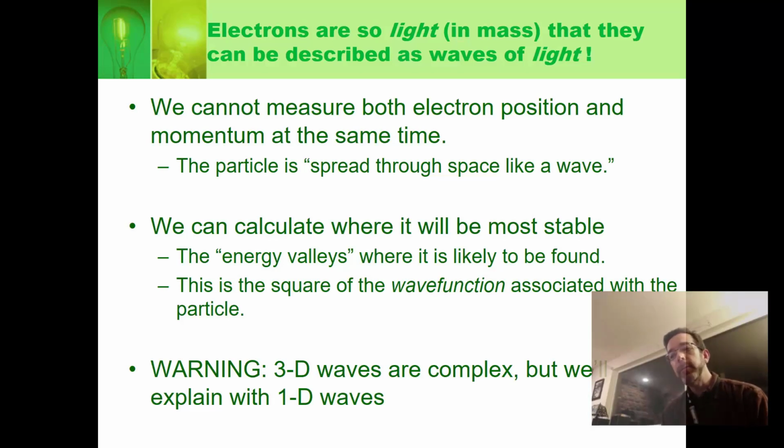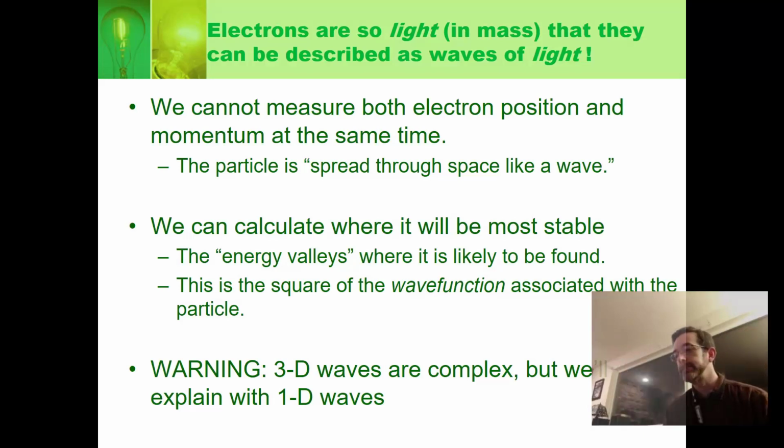So you have the wave function, you take its square, and that will tell you where the particle is most energetically stable. That will tell you the shape of the atom, the position of the electron. But remember that it will never be an exact position. It's going to only be a probable position. You'll have a 90% chance of finding the electron in this space, but there's a 10% chance it'll be out here.